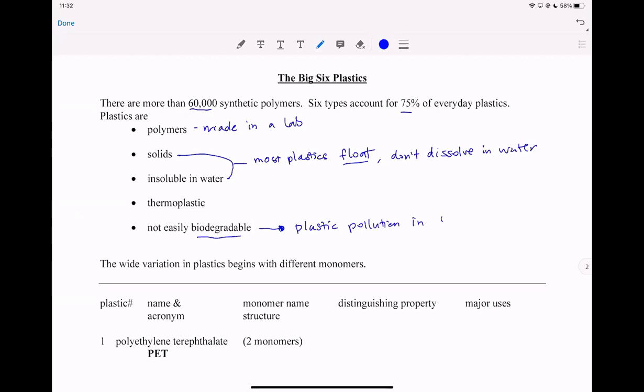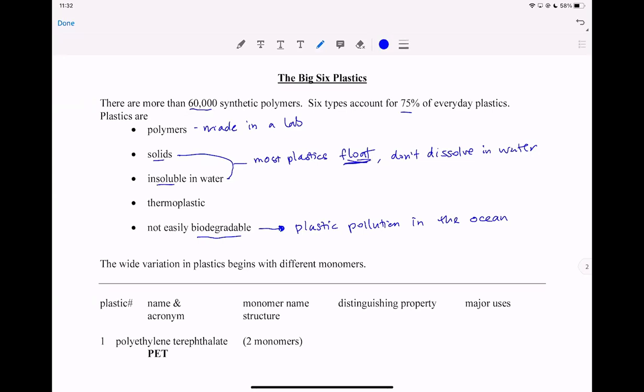And it's not just one ocean, all the oceans in the world have this environmental issue, which is plastics floating in the ocean. We'll get to that in the next one, but it's coming from the nature, the physical characteristics of plastics: they tend to be solids, they don't dissolve in water, and they float.